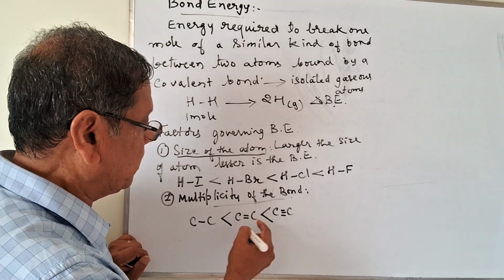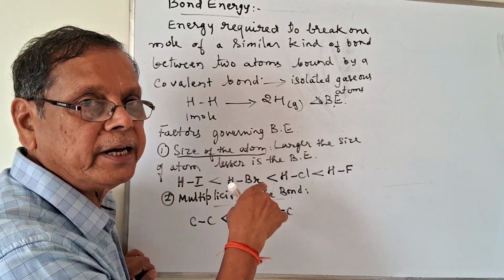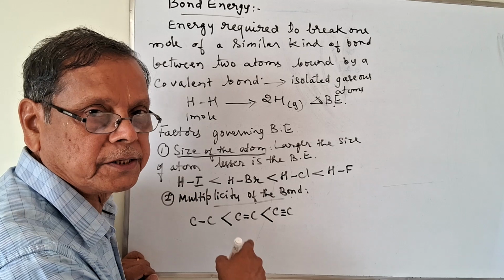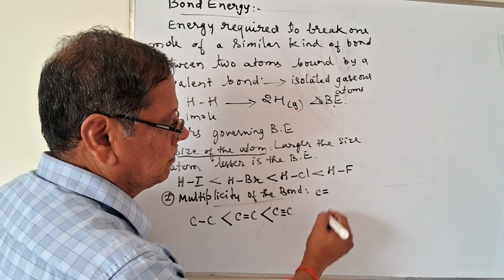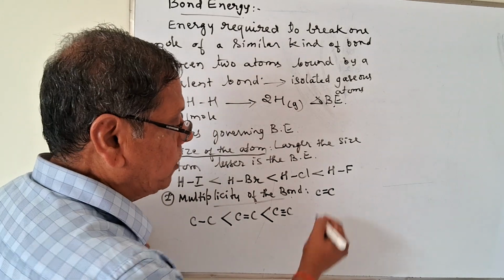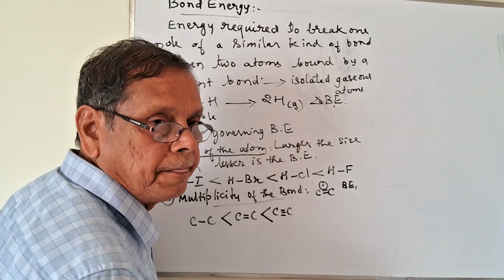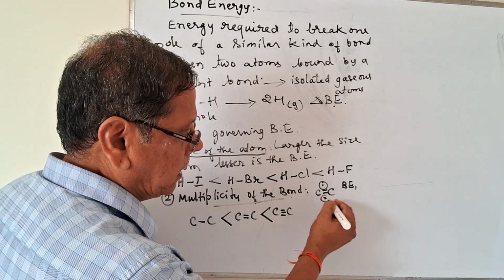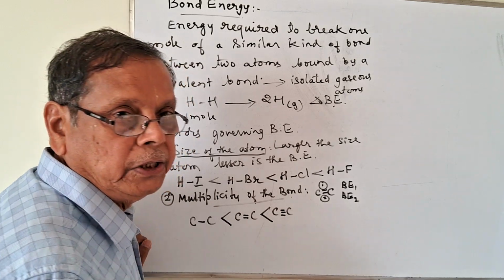And in case of the multiple bonds, the bond energy is actually taken as the average energy for breaking the bonds. Suppose for a carbon-carbon double bond, when you break the first bond, let us say the energy required is Be1. For the second bond, which is actually more as compared to Be1, let us say it is Be2.